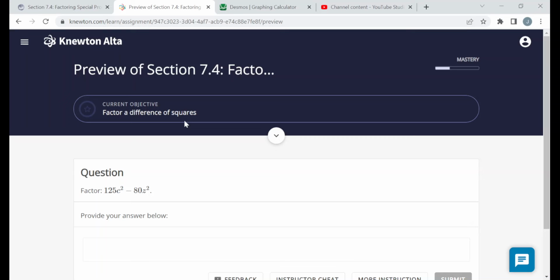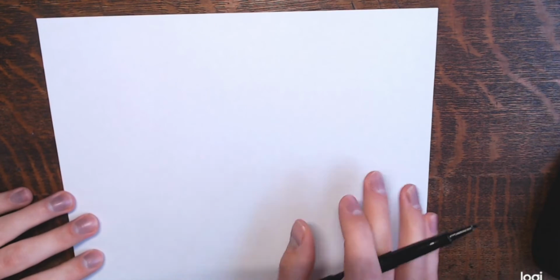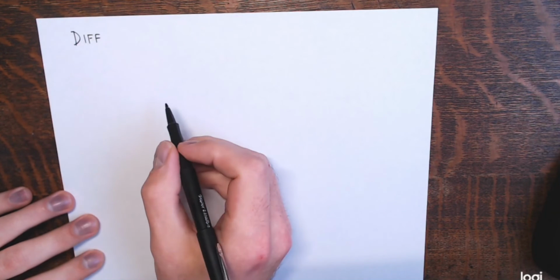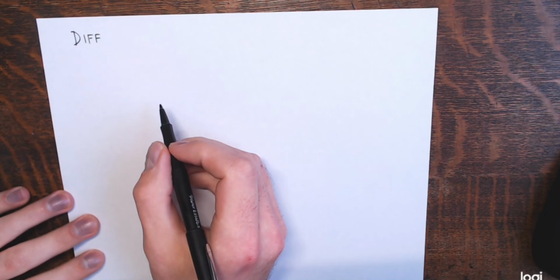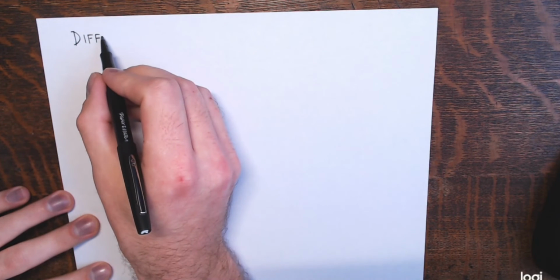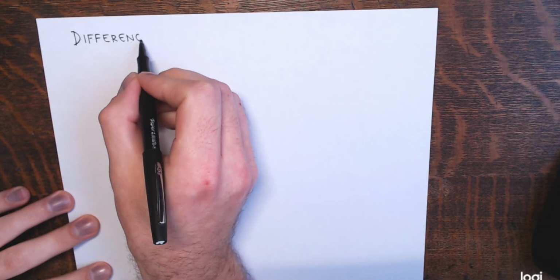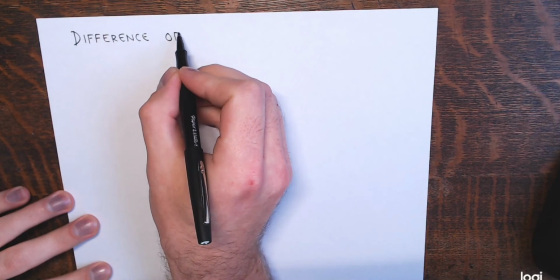So this is just reversing that, to factor. So a difference of squares, this is another special binomial, kind of like a sum of cubes and a difference of cubes are special binomials, things with two terms. All right, a difference of squares.